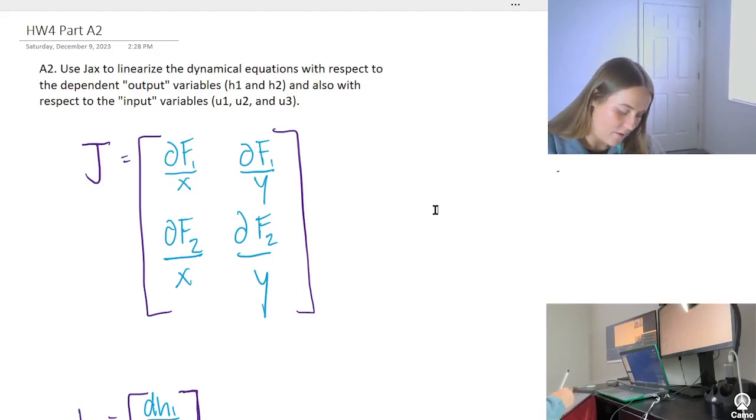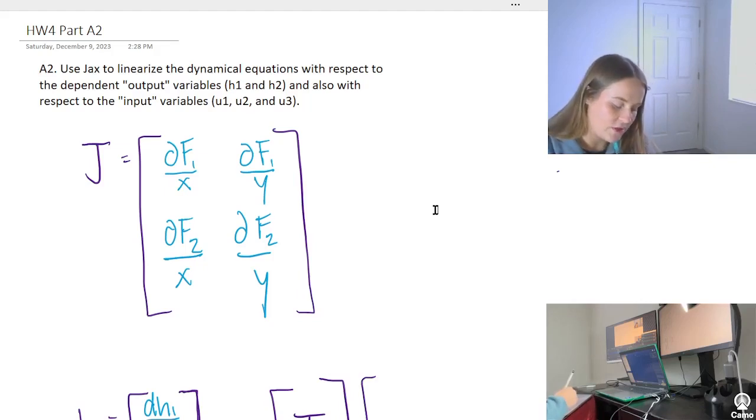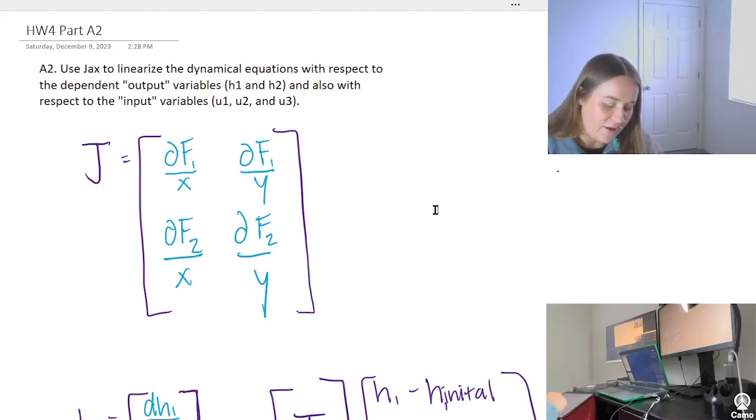so we'll first start with, and this is in relation to J, H. Our H equations are our H1 minus H1 initial and H2 minus H2 initial. And this will be added. So we also want to find it in relation to U. So we'll have JU.